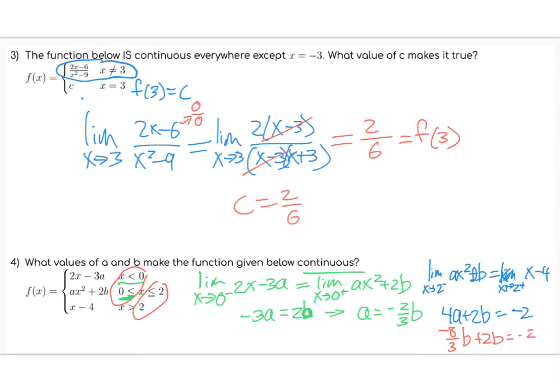That's going to end up being negative 2b is equal to negative 6. When I divide, I get b is equal to 3. Plugging that in, that's going to net me a is equal to negative 2. Those are the values based on finding the limits from both sides at both places that would make this continuous.